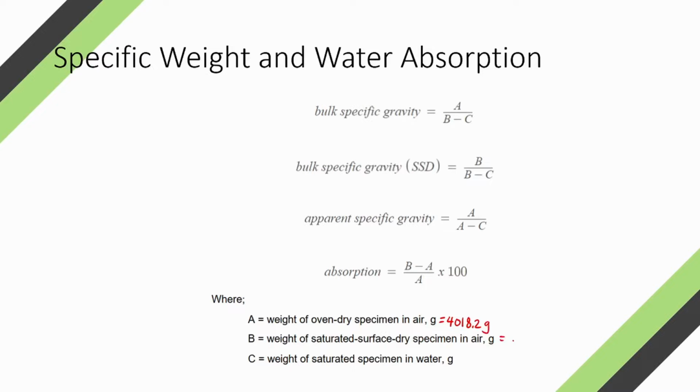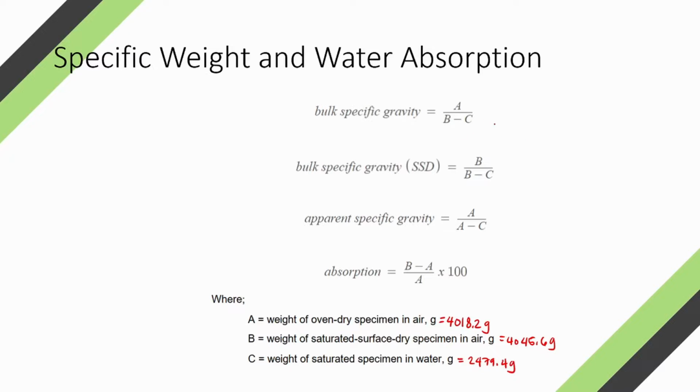And then, dito naman sa ating B, the weight of the saturated surface dry specimen in air is 4,045.6 grams. And then for the weight of the saturated specimen in water, this one is 2,479.4 grams. Ito yung nasa video kanina.